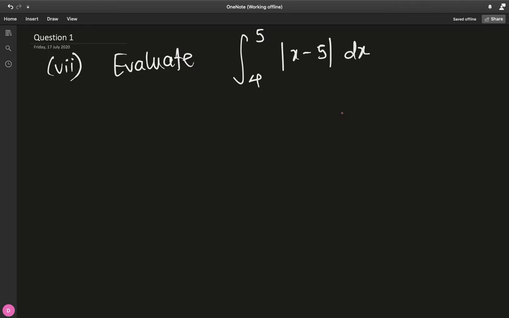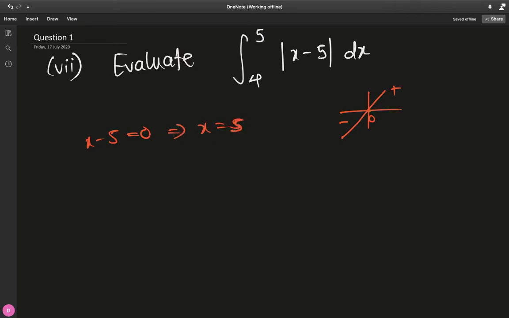It will basically be a line that's something like this. Some value of x, it will be 0. Beyond that value of x, it will be positive, and before that value of x, it will be negative. So let's just tweak this. So x minus 5 is 0 when x is equal to 5.